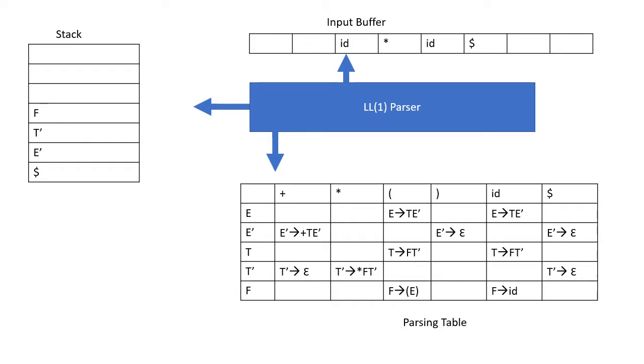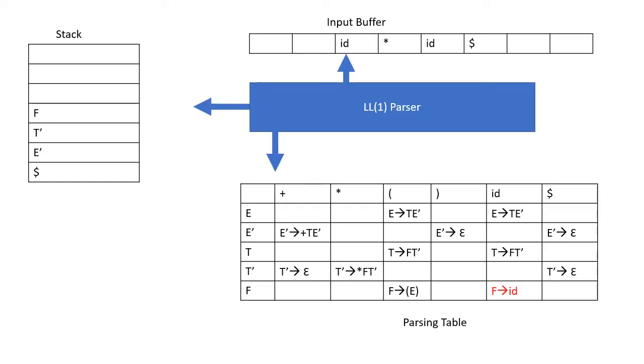F on ID matches this, so F can be replaced by ID. F is replaced by ID. Now ID and ID. It's a match, so both will be removed. And we'll have this.